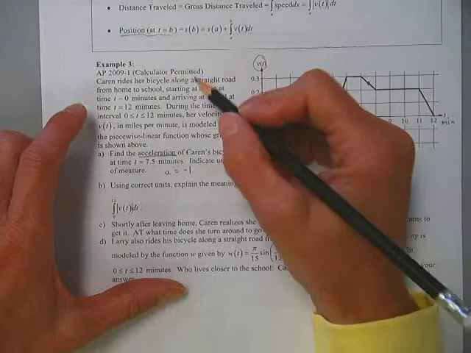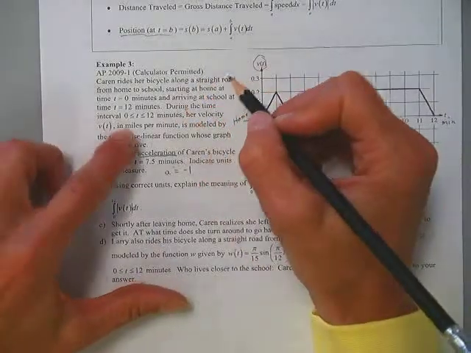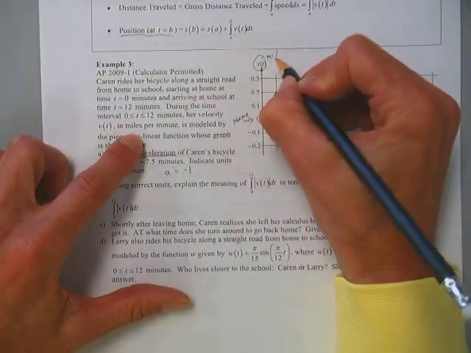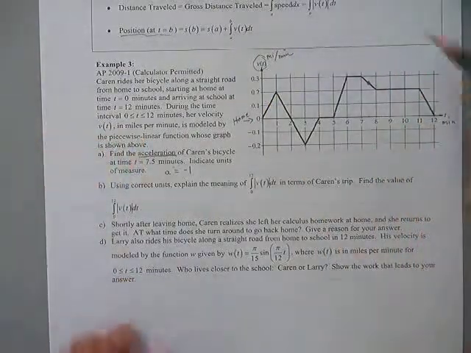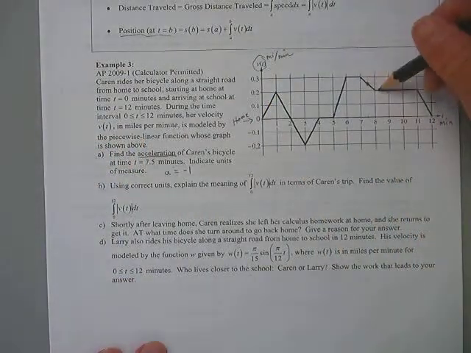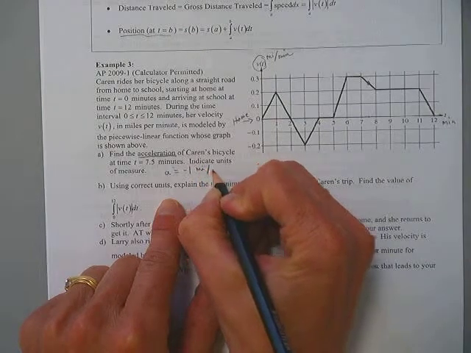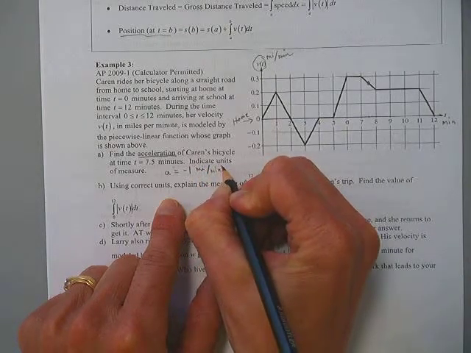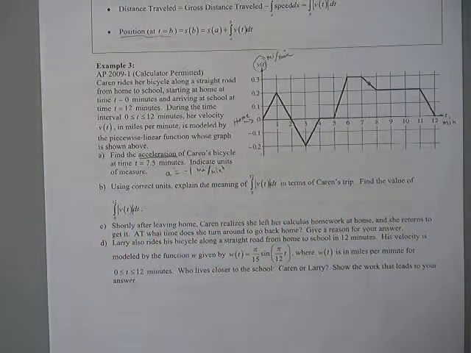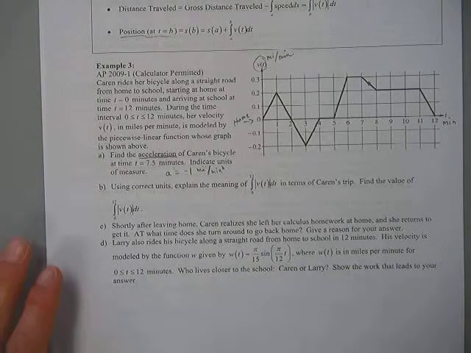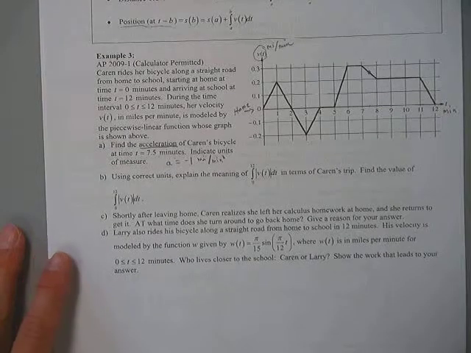Miles, straight road, minutes, miles per minute. So the derivative of this is going to be miles per minute squared. Acceleration is something squared. Does that make sense, you guys?